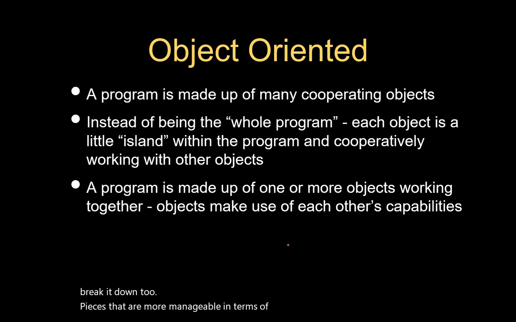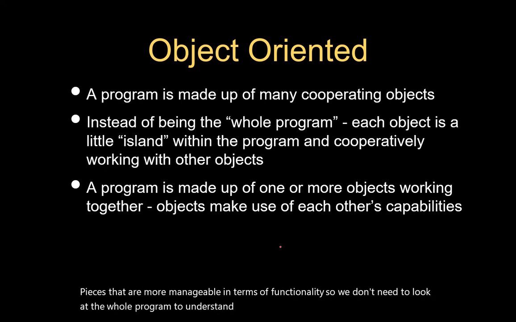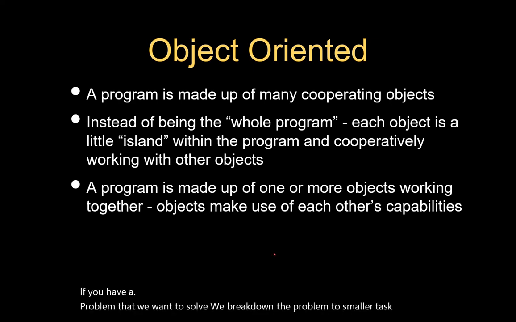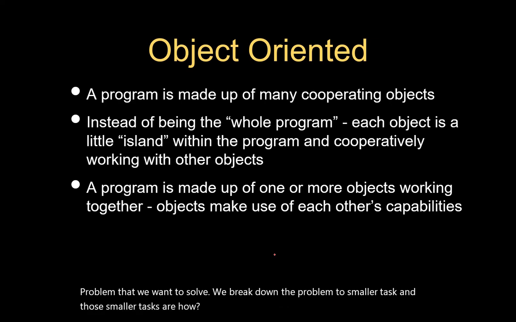So we don't need to look at the whole program to understand it. We can look at different parts to understand each portion. Each portion does a specific task. So if we have a problem that we want to solve, we break down the problem to smaller tasks, and those smaller tasks are what we can represent with objects.